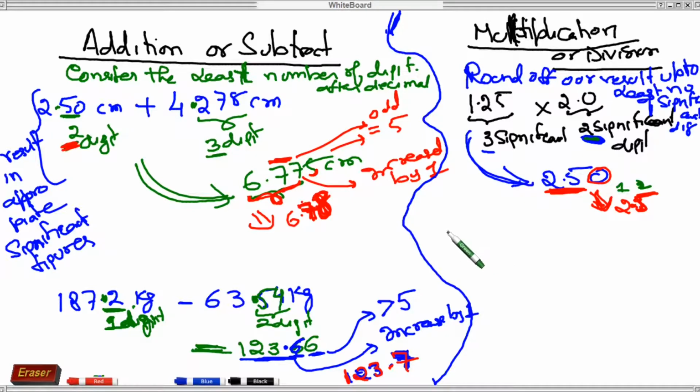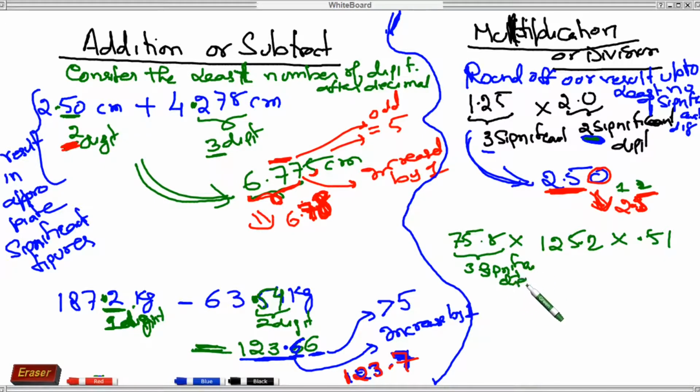Suppose it is 75.5 multiplied by 125.2 multiplied by 0.51. Here we have 3 significant digits, here 4 significant digits, and here 2 significant digits.